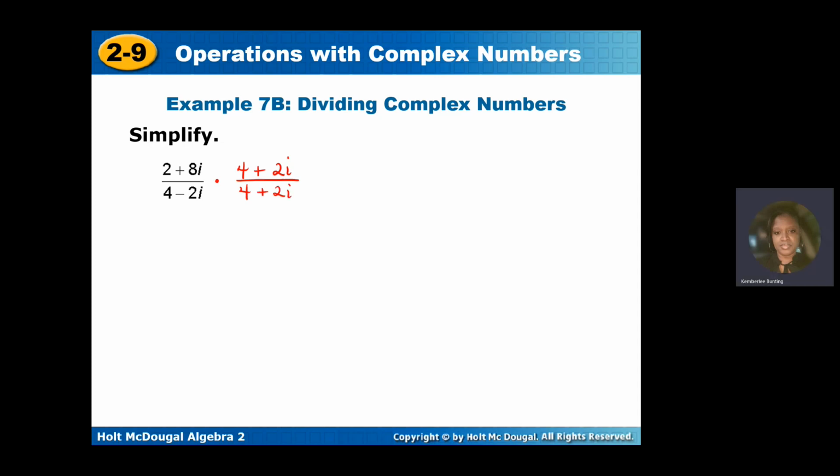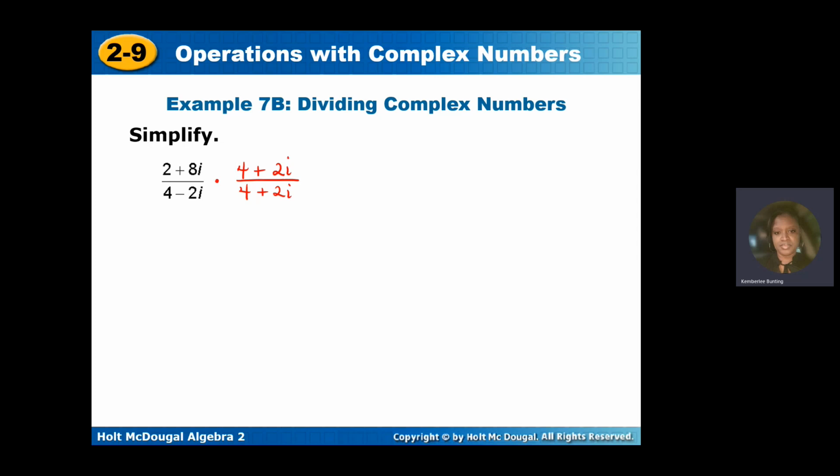Okay? Make sense? And remember, all I'm doing is multiplying by 1. I'm not changing the value of the expression. I'm only changing what it looks like. Okay? Y'all ready? So let's multiply now.